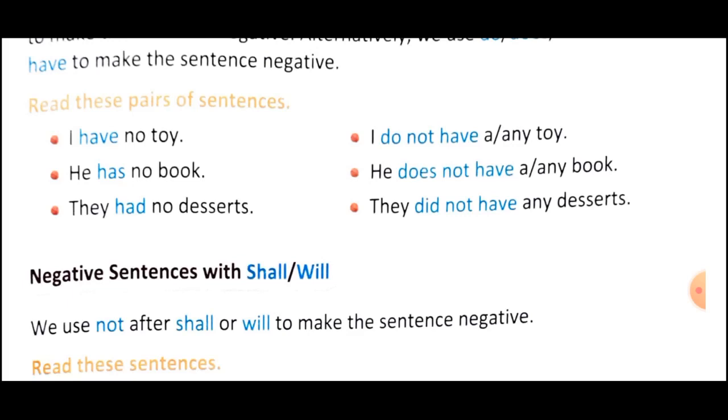And when you have to write not, you have to separate the helping verb which is hidden in this main verb, and then you have to add not after the helping verb, and then this main verb will be written in its original form. The original form is have, of having something, of having possession of something.